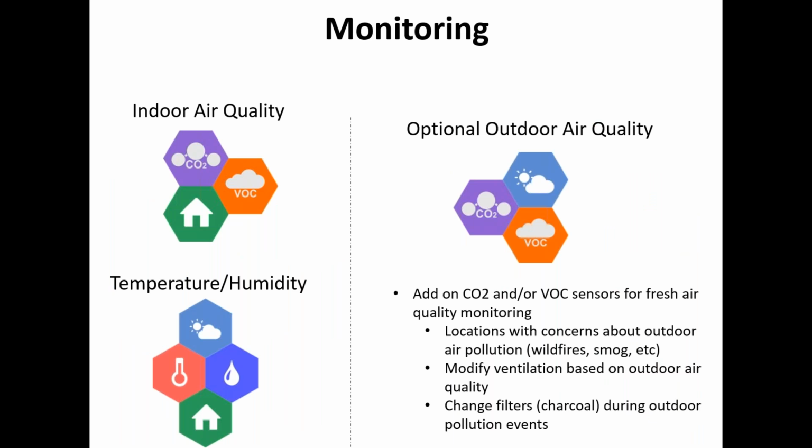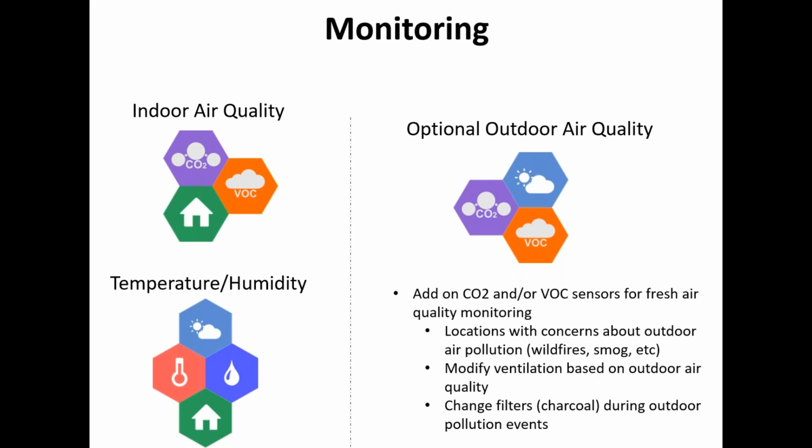In terms of what the system is monitoring, we had talked about that a little bit before: the indoor air quality, measuring independent CO2 and VOC readings, and then temperature and humidity levels, both indoor versus outdoor.